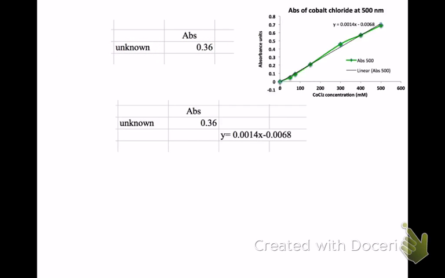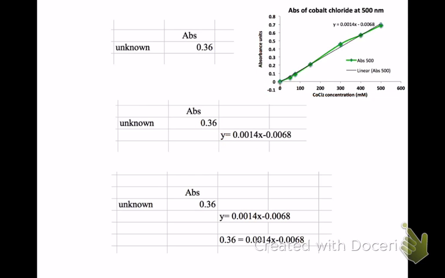Now I can plug that number into the formula, and here's how I'm going to do that. Remember that we're looking at the x and y axis. Here's the x, and what we're plotting on the x-axis is concentration. That's what we don't know in this case. What we do know is the number 0.36, which is the y value, so we can plug that in right here in place of y.